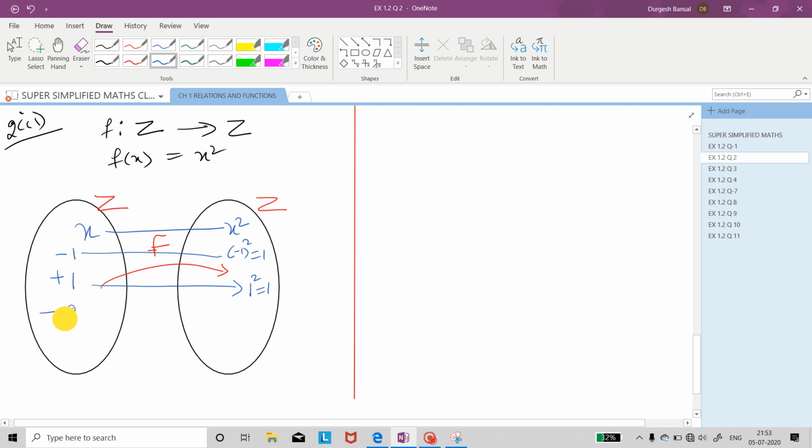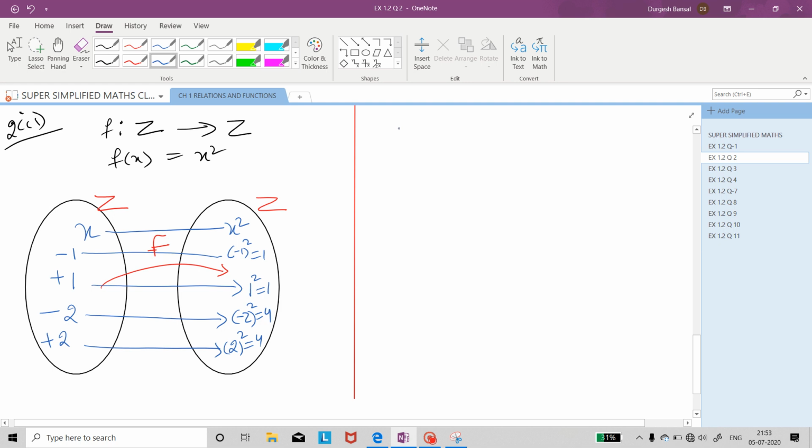Similarly, if you take -2, its image will be -2 square, which is 4. If you take +2, its image will be +2 square, which is also 4.